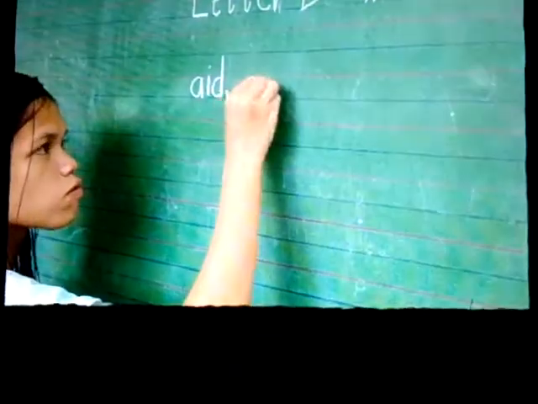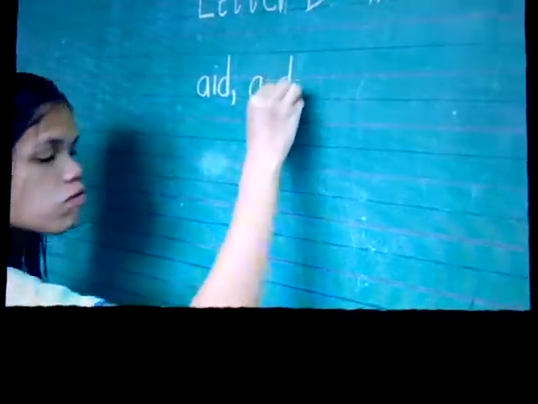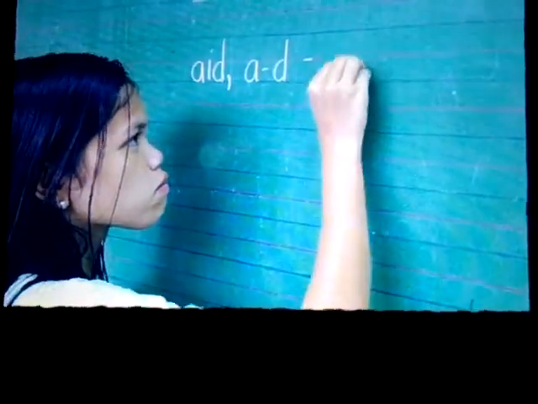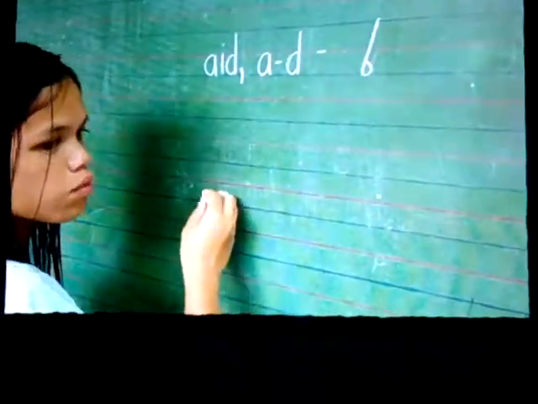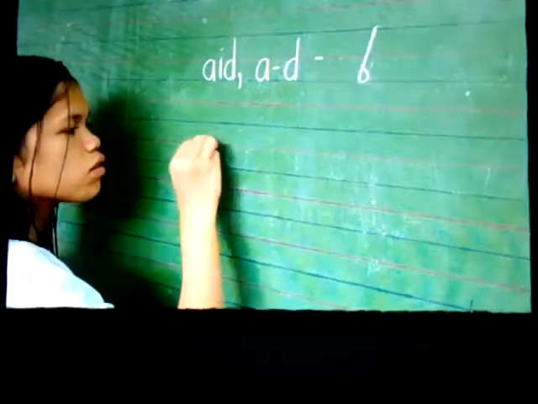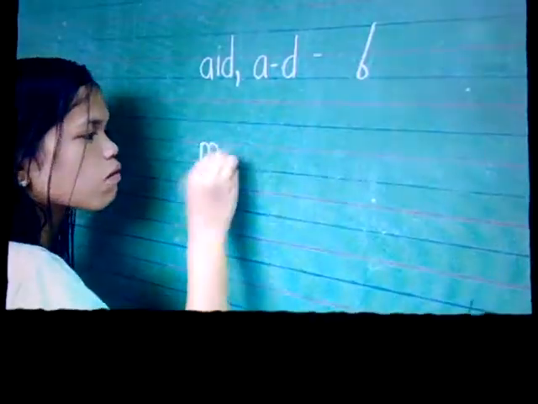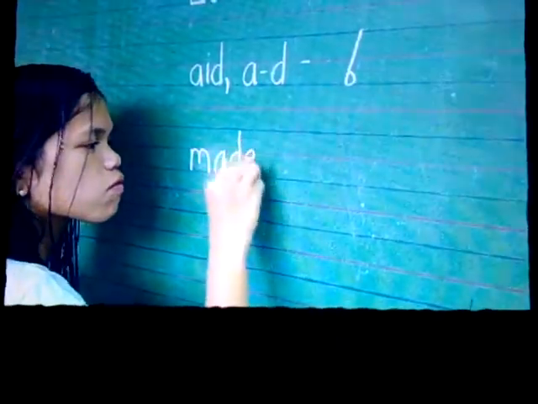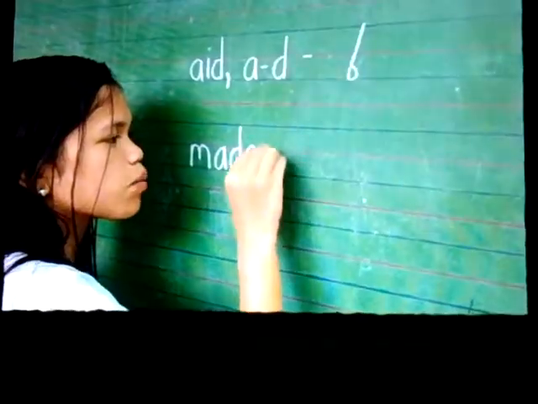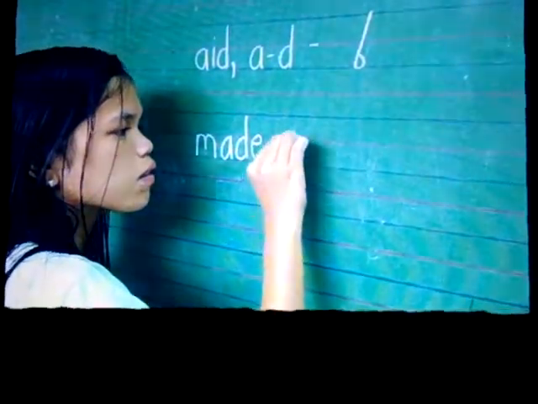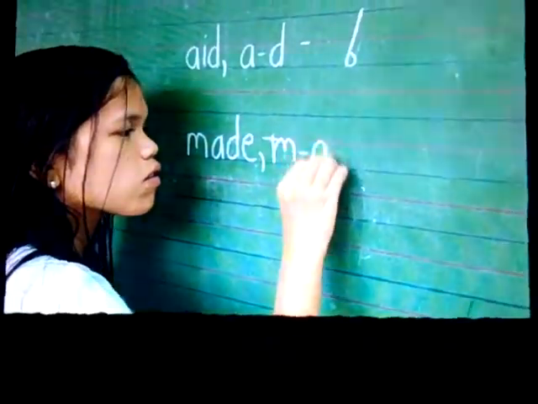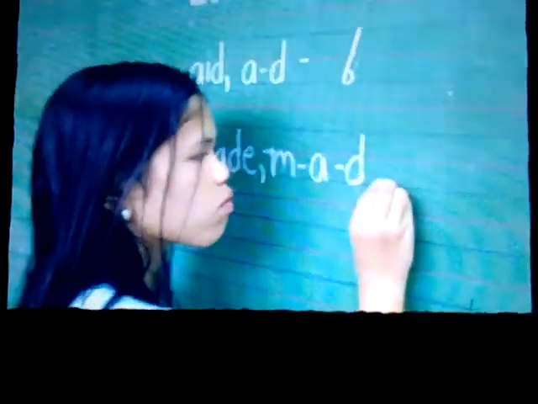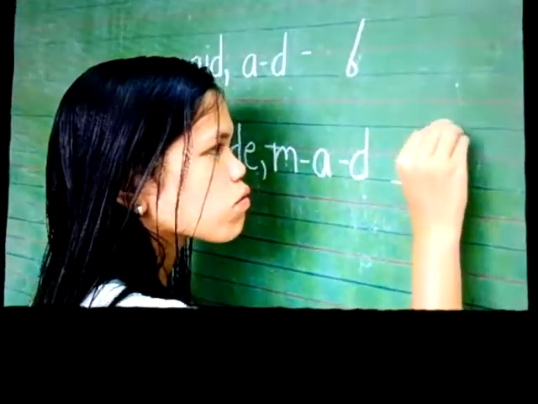Aid is represented by letter A and letter D. So, the stroke for this are the shorthand letter A and letter D. Next is the word made. Made is represented by letter M, A, and letter D. So, the stroke for this are the shorthand letter M, A, and letter D.